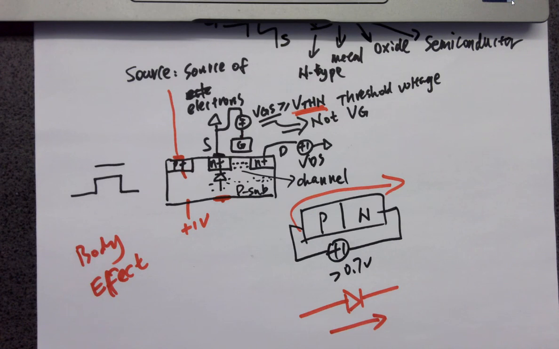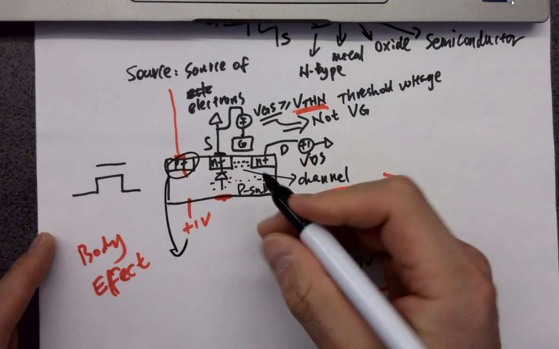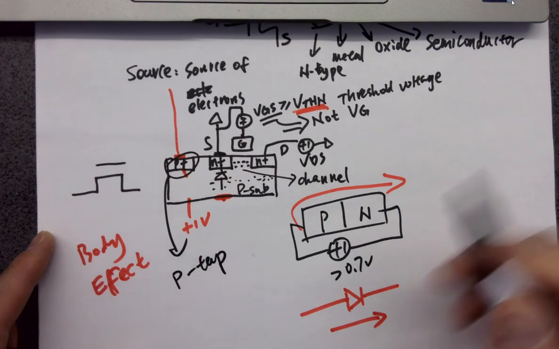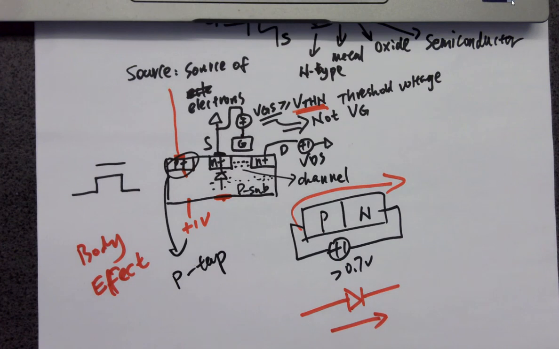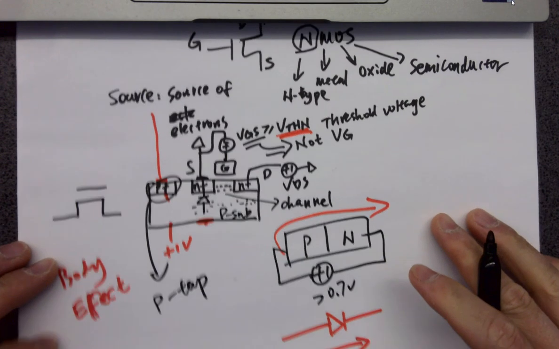Make sense? Question on this? And a lot of times in Cadence, this little material or this little part in the library is called P-tap. P-tap. So for the NMOS, you need the P-tap. Okay? Let's look at PMOS.